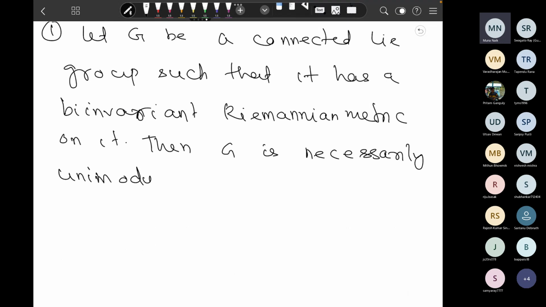However, the converse is not true, because SL2R is a counter example. The converse is not true.